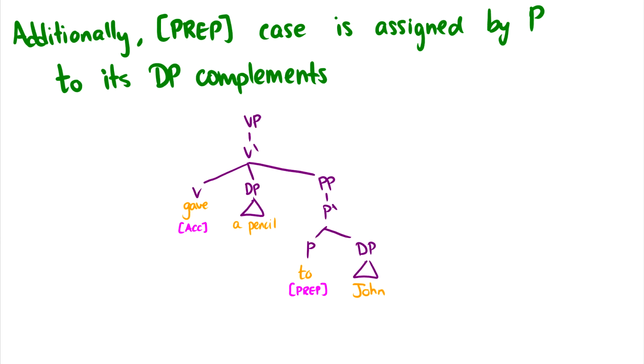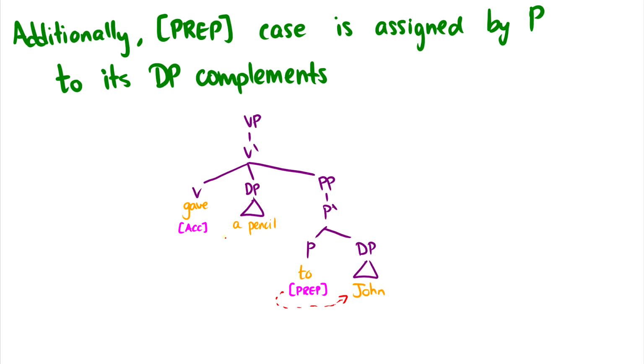We said all DPs need case, so John has to get some case, and John gets this prepositional case from P that just checks it. This would appear like it has accusative case, like John gave a pencil to me, but it just appears as prep case, prepositional case.